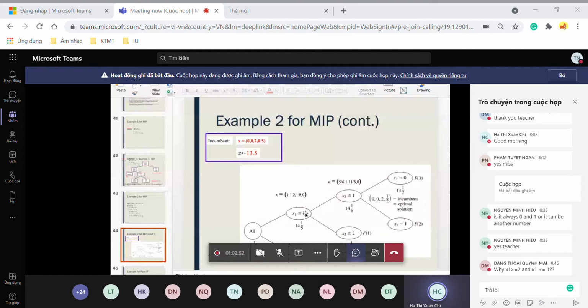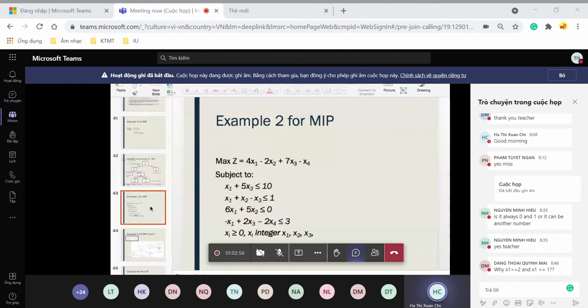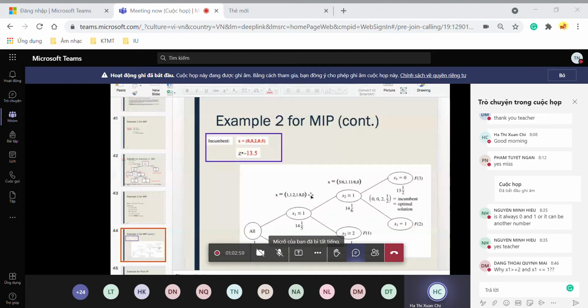And you add this in the formula here, so you get the solution. If x1 greater than 2, you get no solution. X1 greater than 2 is no solution.